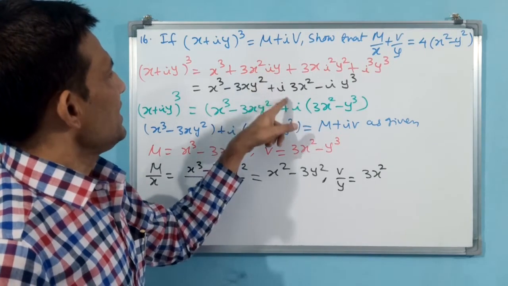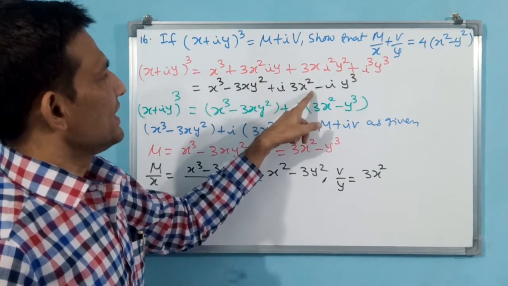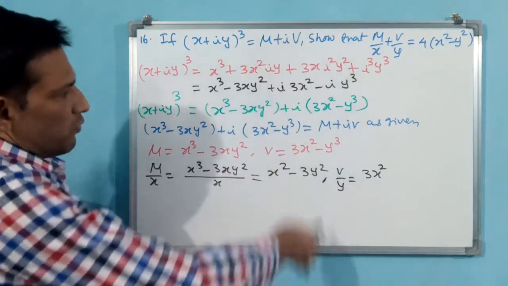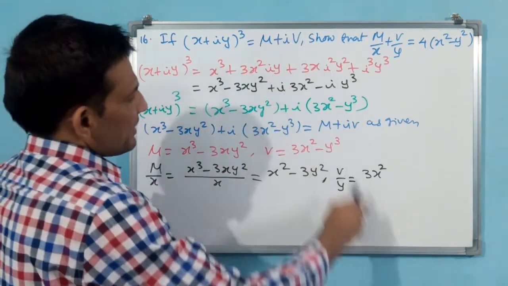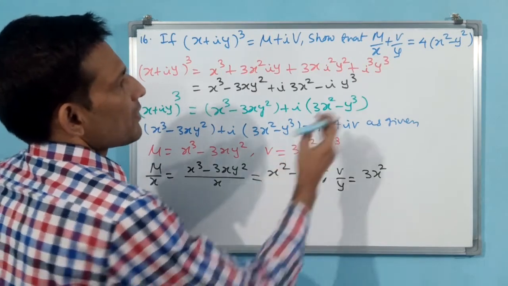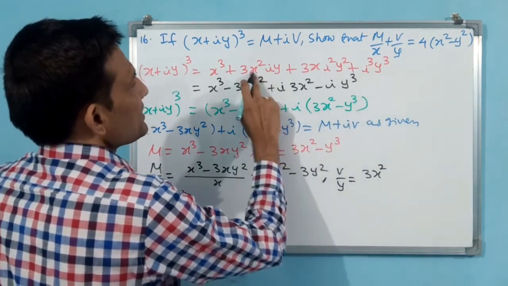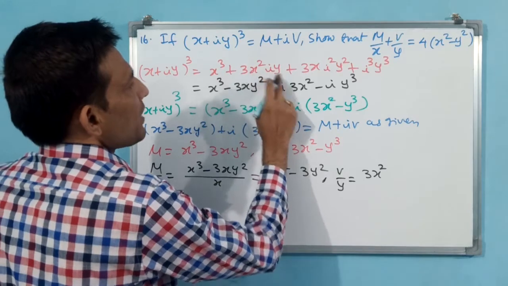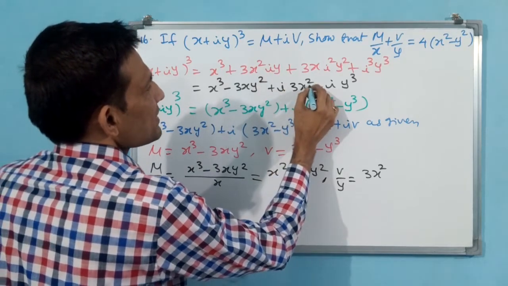You see 3x square y, you have not written here. y cube is okay, but 3x square y you have missed here.